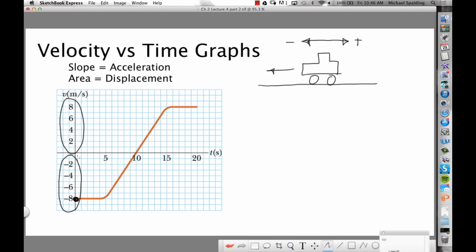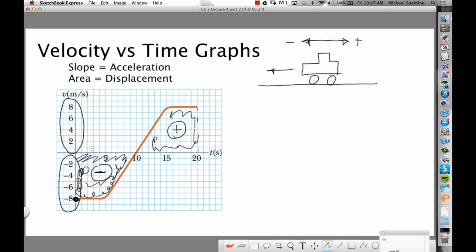Now, what would the area down here be? Is this going to be plus or minus? Minus, because the velocity is minus. The area up here is going to be plus, because the velocity is plus. What has to be true about the journey of this car?